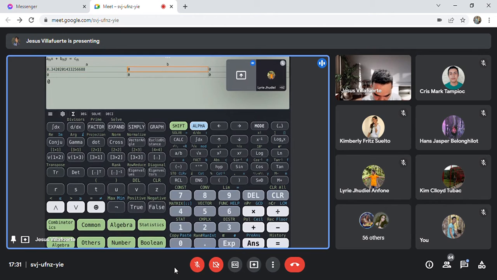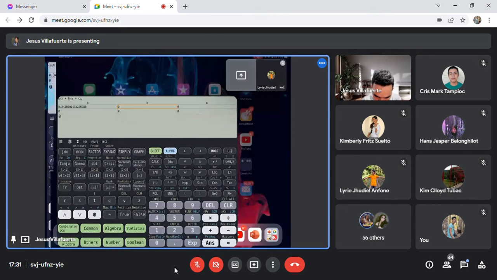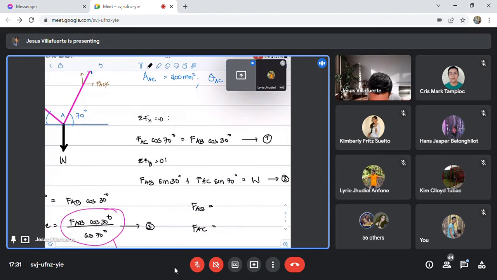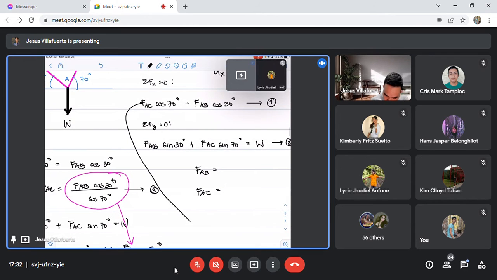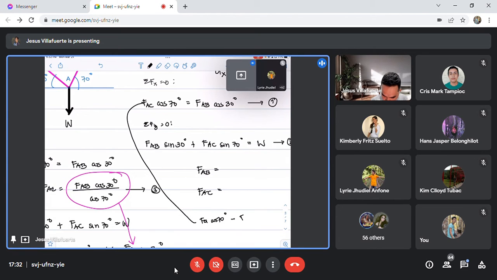So that is our A. Our B: when you transpose, because our calculator has the format AX plus BY is equal to C, your second unknown has to be in this form. So this becomes a negative, this is negative cosine 30. So we write this as FAC cosine 70 minus FAB cosine 30 is equal to 0.